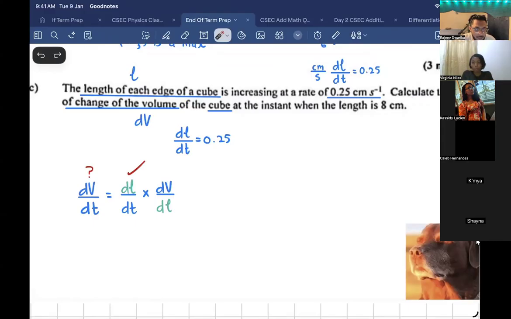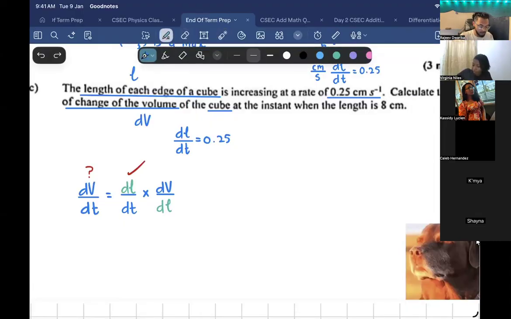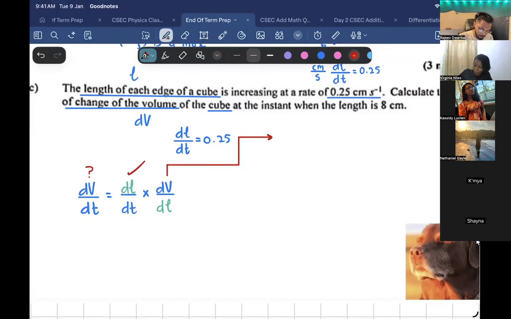Now, so it's dV over dL, which means volume with respect to length. So what function would you have to differentiate? V, volume. So we're dealing with a cube, right?